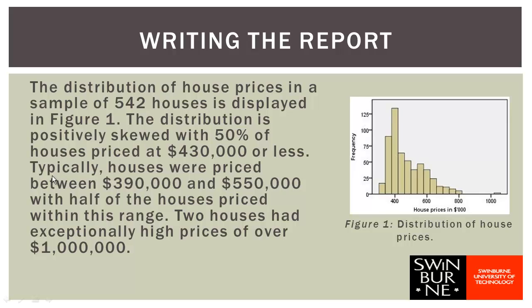We say something like, typically houses were priced between $390,000 and $550,000, with half of the houses priced within this range. And then at the end we report the outliers, so 2 houses had exceptionally high prices of over $1 million. So now let's look at a different example.